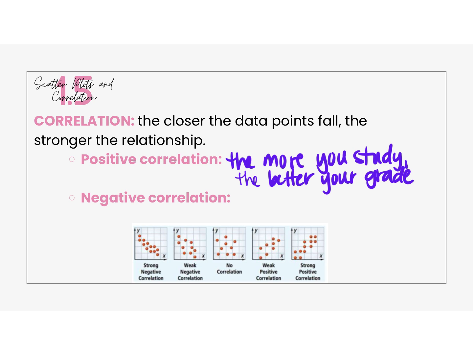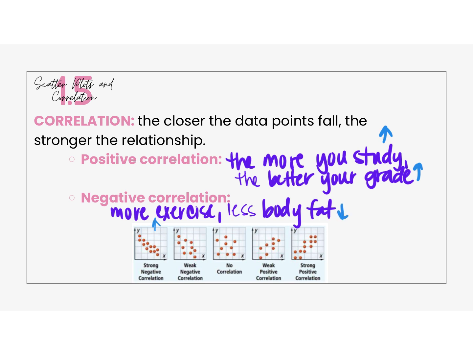So as the x increases, the y also increases, okay? They're both increasing. An example of a negative correlation would be the more that you exercise, the less body fat you have. So in this situation, the x is increasing, the y is decreasing.